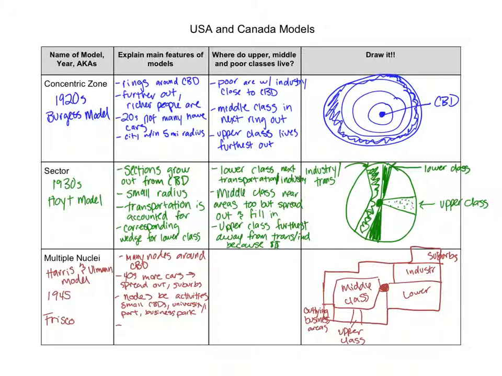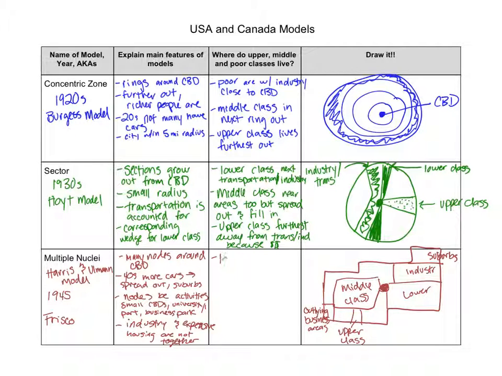Again, the big idea here is that your industry and your upper class are never together. So your expensive housing and industry are not together. Okay, so you'll never see those together. That's in a lot of these American models especially, okay?